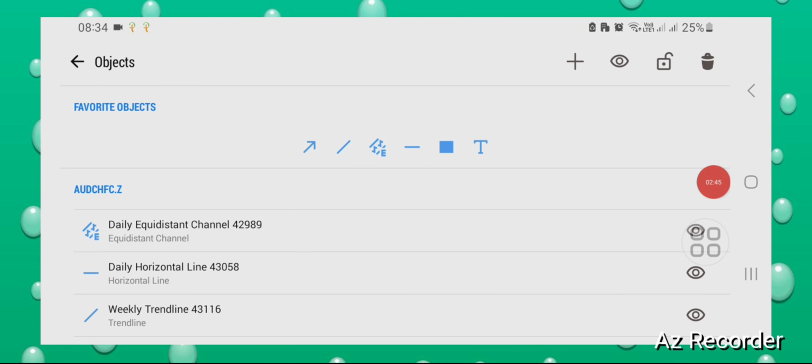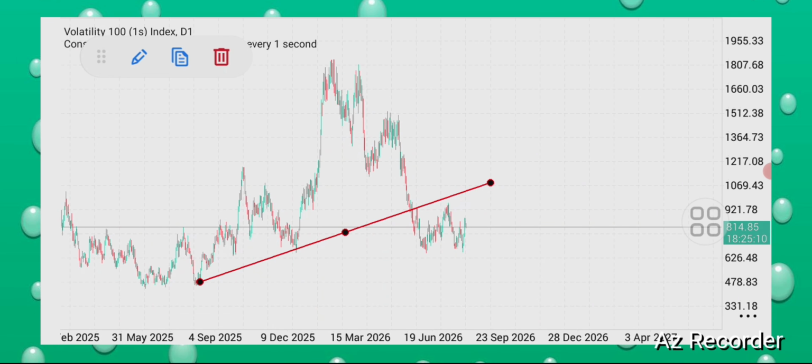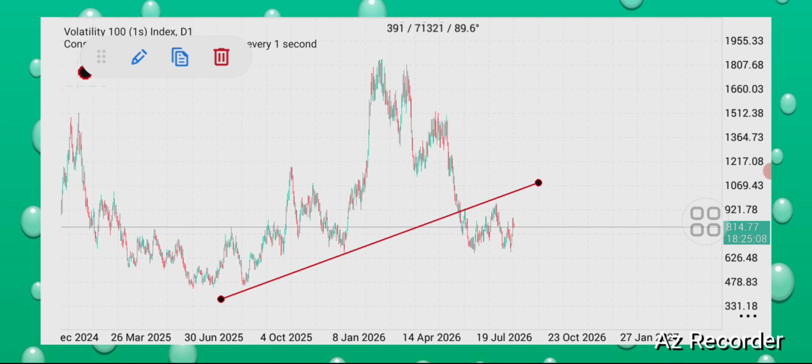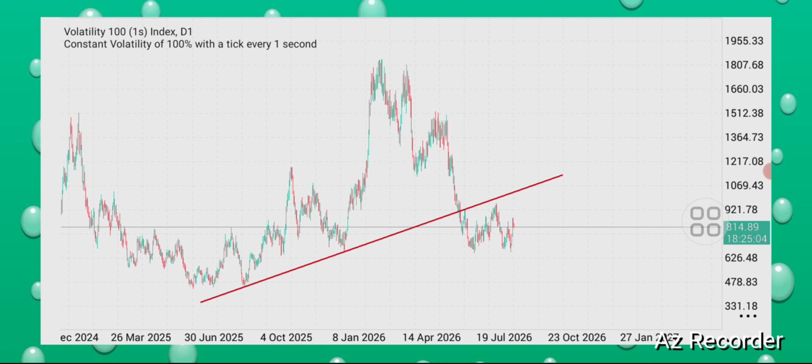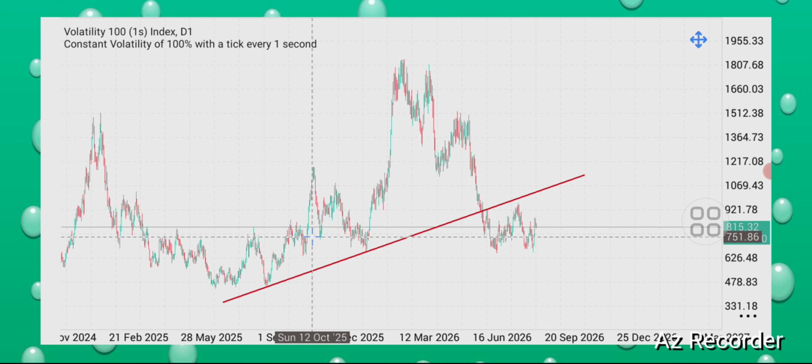So let's use the trend line, and from here we shall draw our trend line, because we want to see the current movement of this trade. So let's draw it clearly. That's how we normally draw our trend line. Let me just extend it a bit so that it can be visible. Let me explain something here so that we can go further to our in-depth analysis.